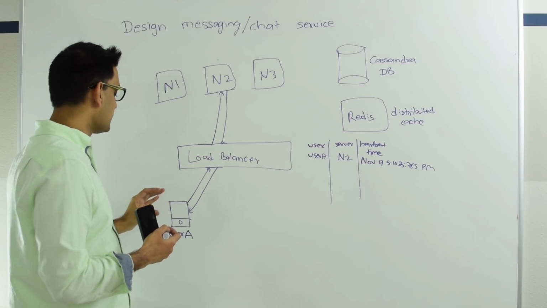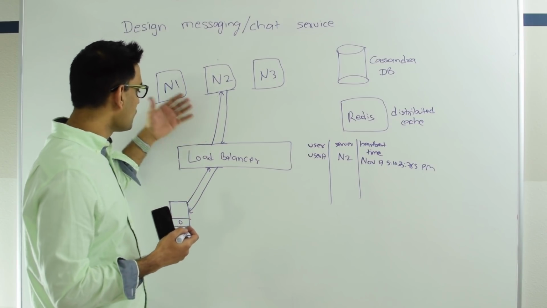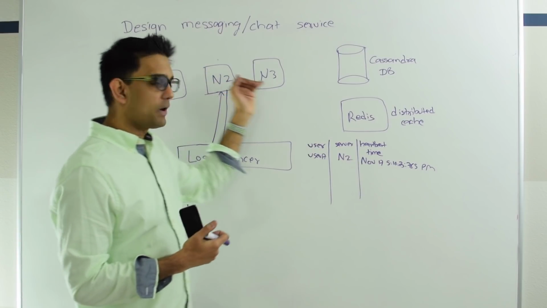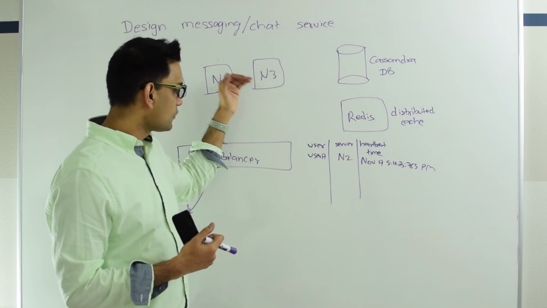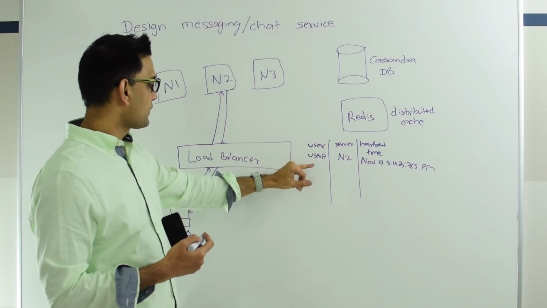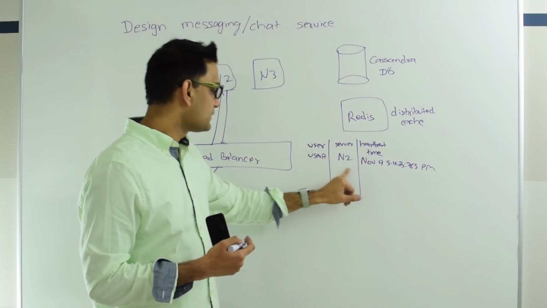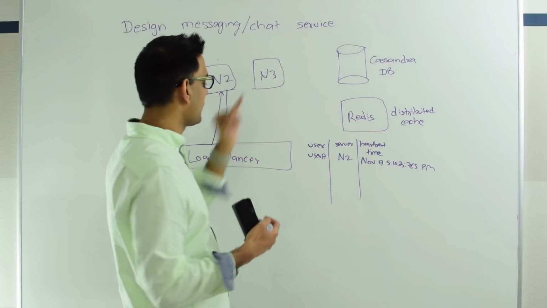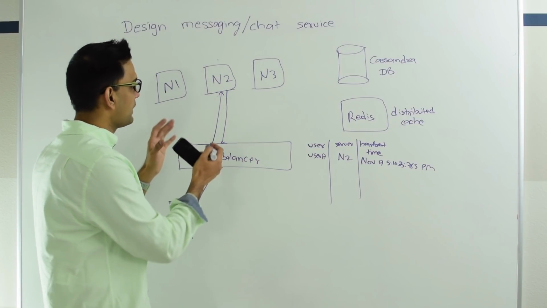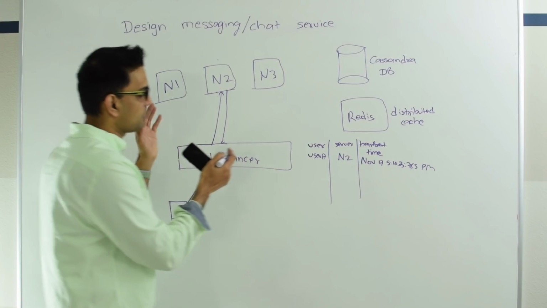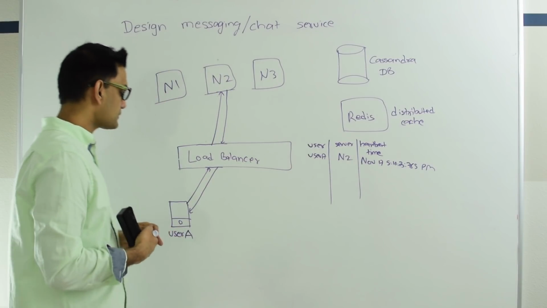So they're going to initiate a new connection with a new host, and in this case it could be N3, and N3 is going to start updating the heartbeat information here. So in Redis we're going to replace it with user A, N3, and then the last time this heartbeat was received by N3. So N2 dying is not a big deal. Someone else will take over its responsibility and will start updating Redis.